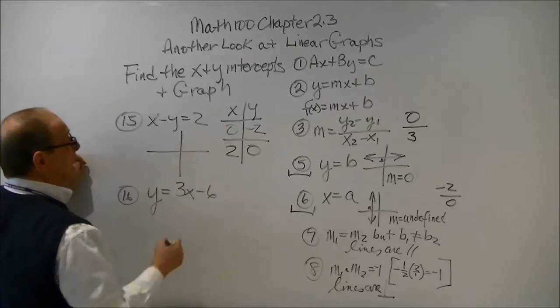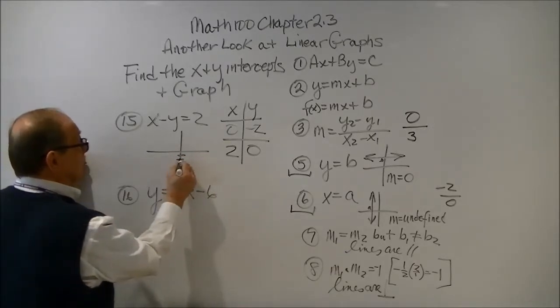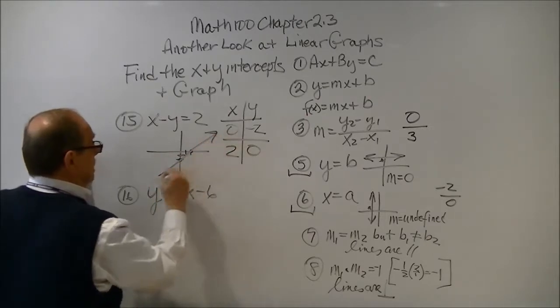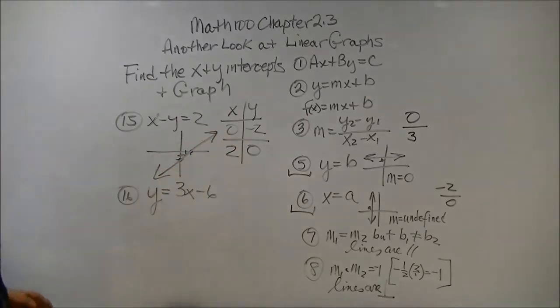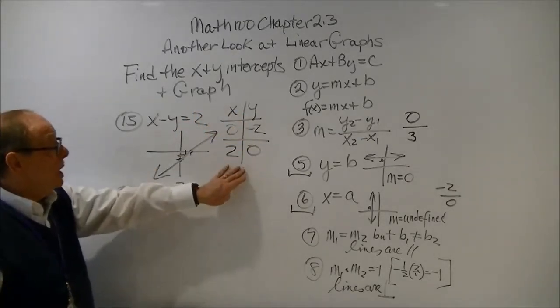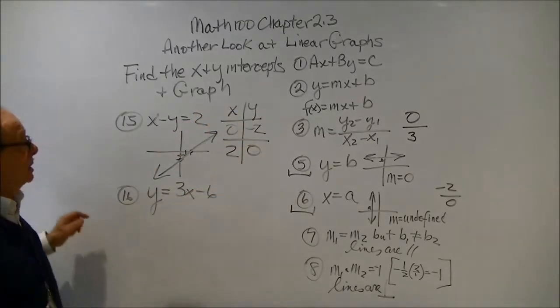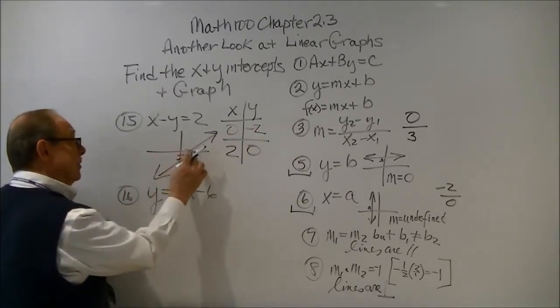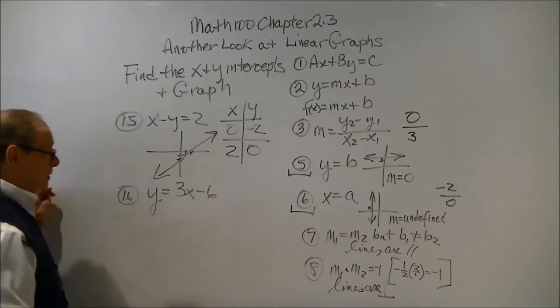And then to graph that, there's your -2, there's your +2, and there's the graph. We have used that special x and y intercept t-chart to find our x and y intercepts. Plot them, and there's your 2 points.